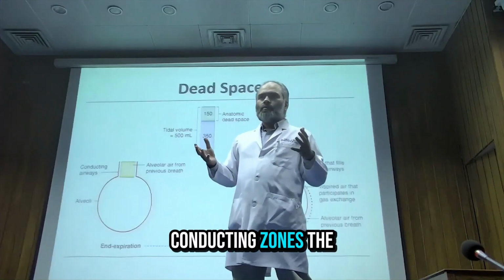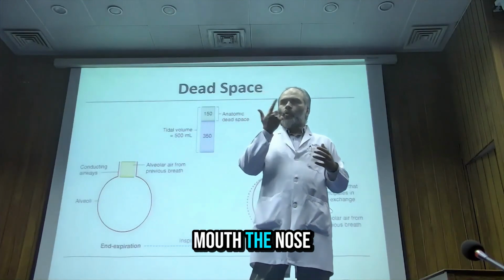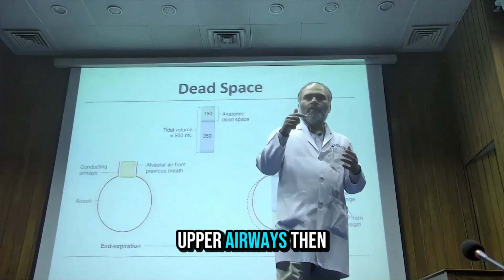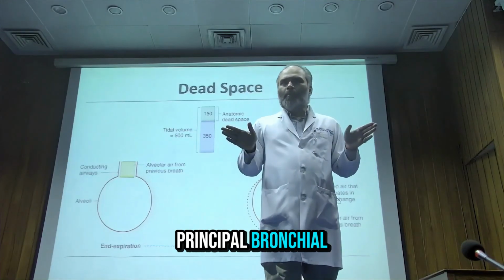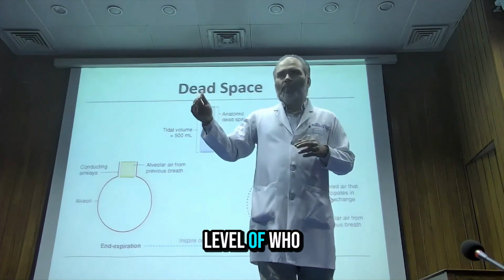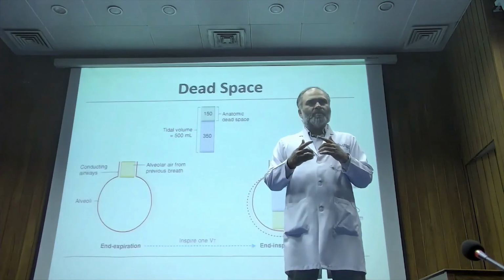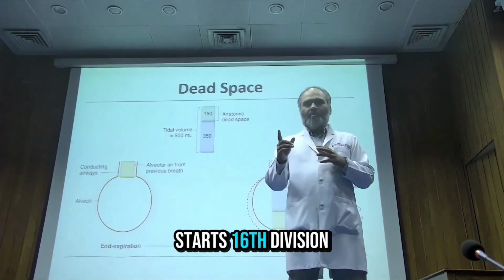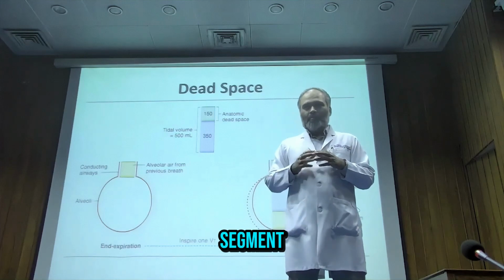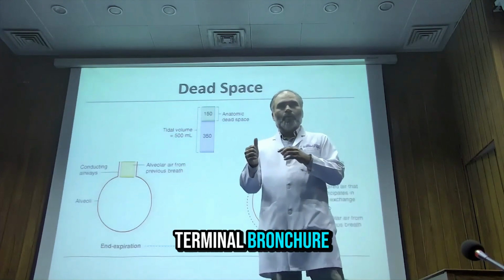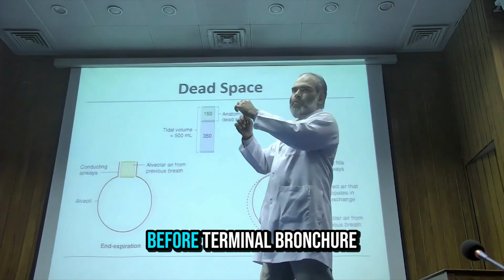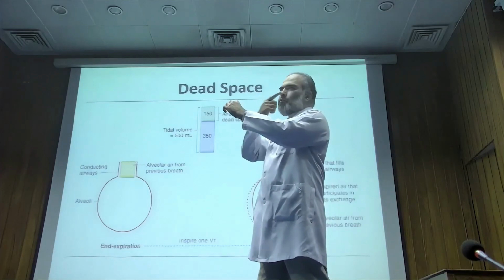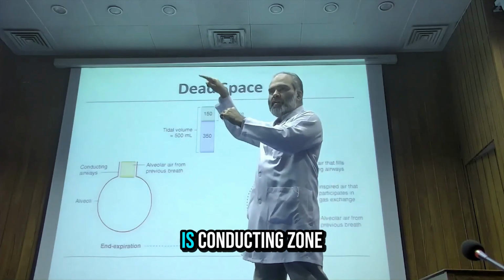What are the conducting zones? The mouth, the nose, upper airways, then the trachea, the principal bronchi, right to the level of, who remembers the milestone where the respiratory zone starts? 16th division, name of the segment. Terminal bronchiole. So before terminal bronchiole, the whole thing is conducting zone.